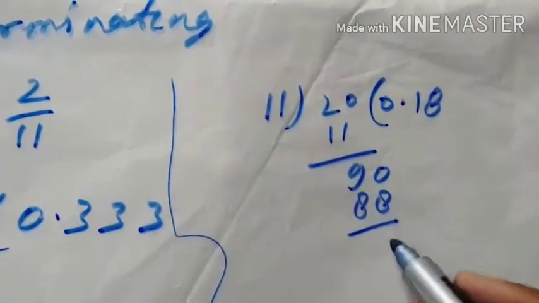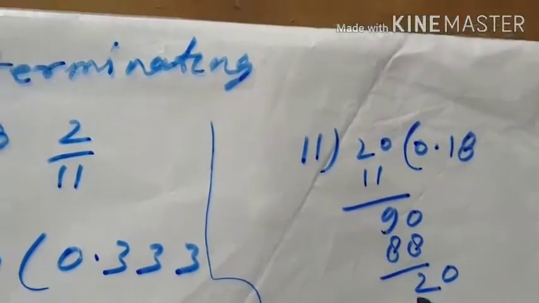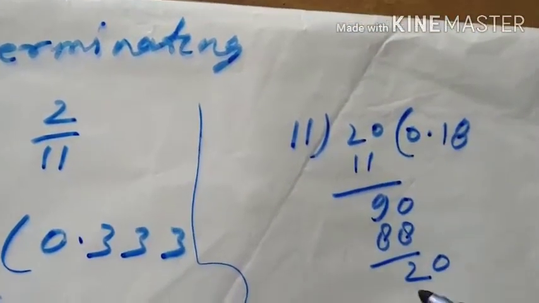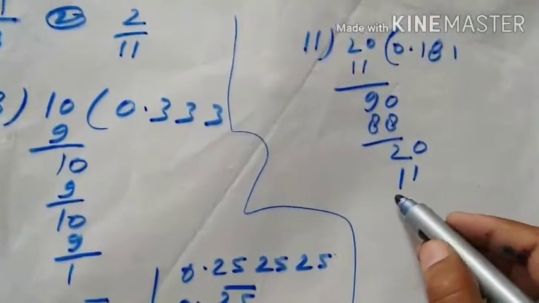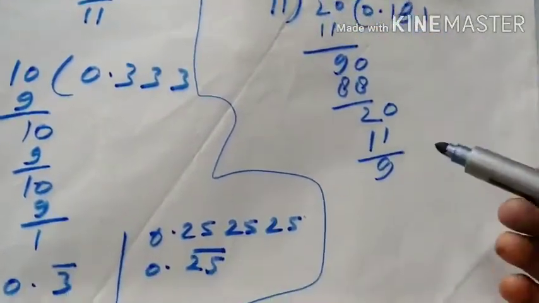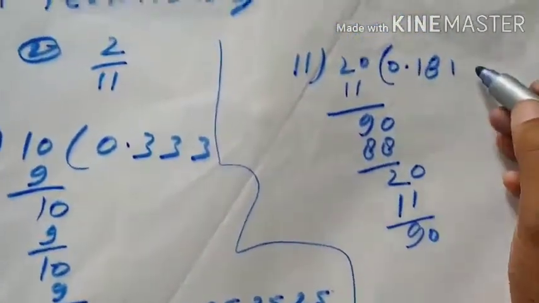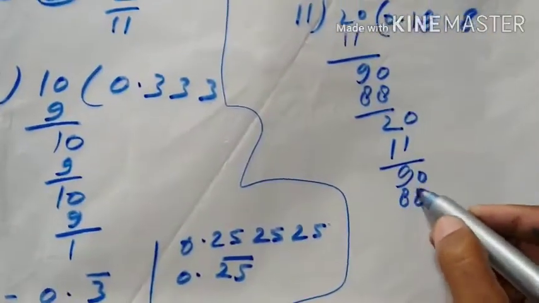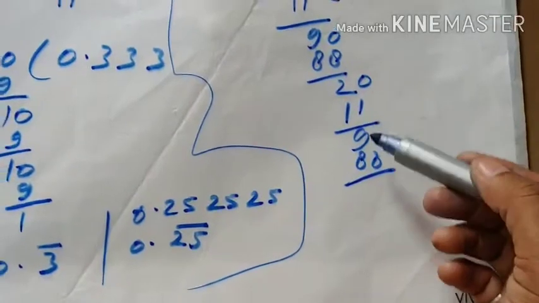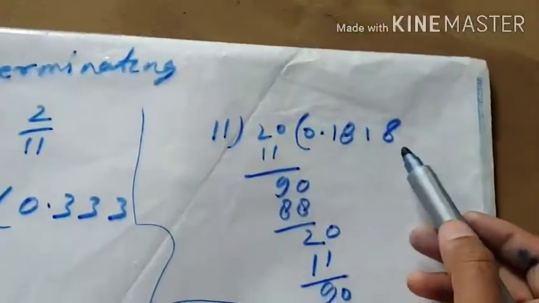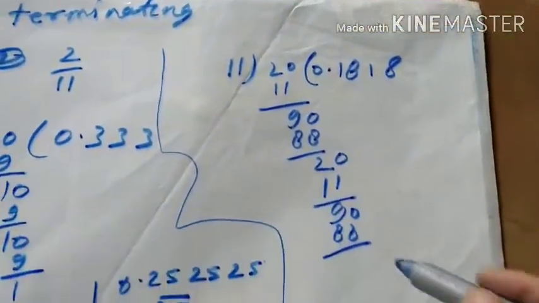What is the remainder here? 2. Again you can make it 0 below. Again 11 1s are 11. Again we are getting 9. So no need to tell you that it is repeating again and again. 1 8 1 8 1 8 1 8, you will get each and every time.